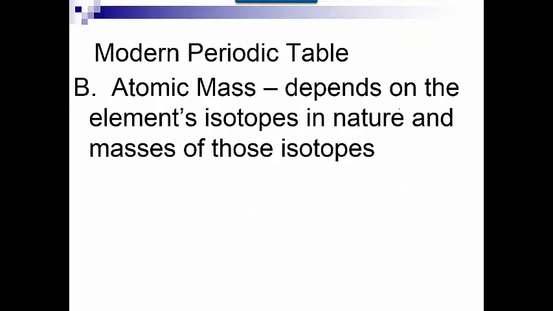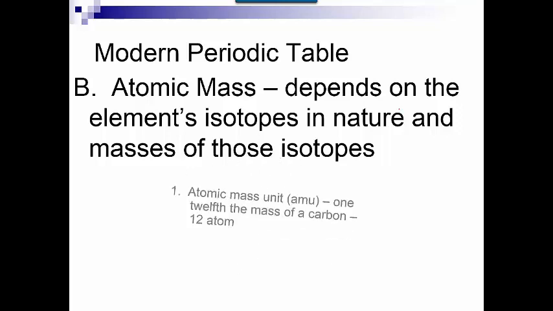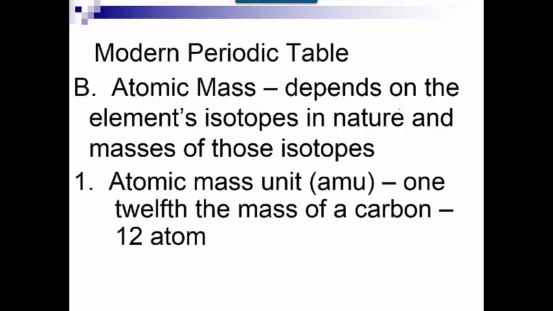And we've already mentioned the atomic mass. The atomic mass depends on the isotopes of the elements, and again, this is the periodic table. You see the mass on the periodic table. Normally they all have decimals, and that's because, again, it's an average. So an atomic mass unit, we abbreviate AMU, and it's actually based off of carbon.